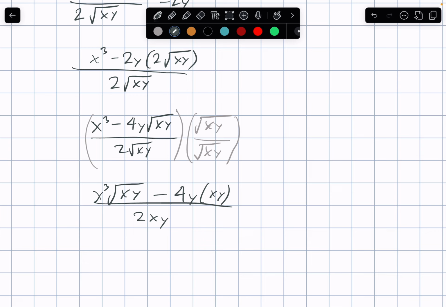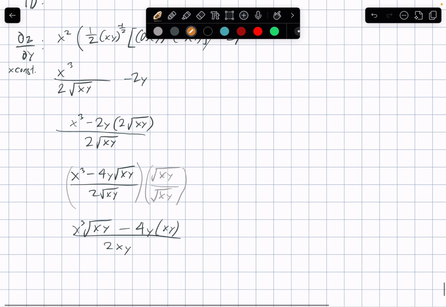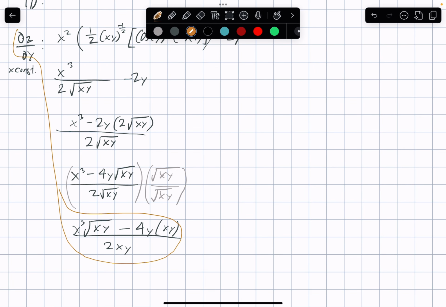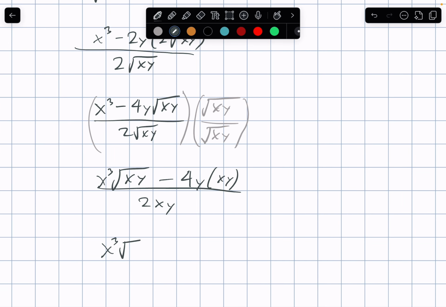I don't think there's anything that we can cancel. I think that's it. Wait. I think we can cancel something. x cubed square root xy minus 4xy squared over 2xy.